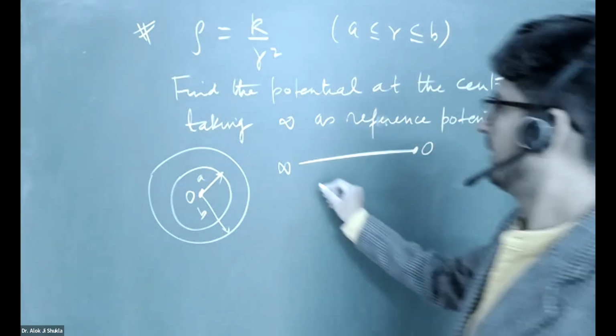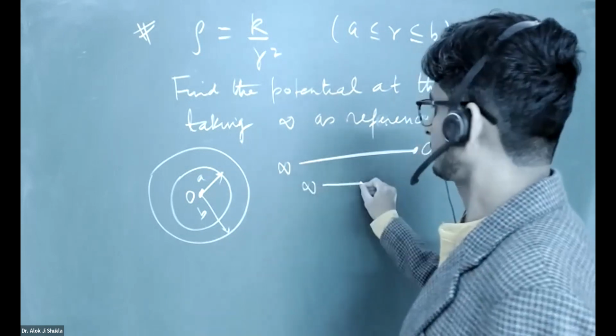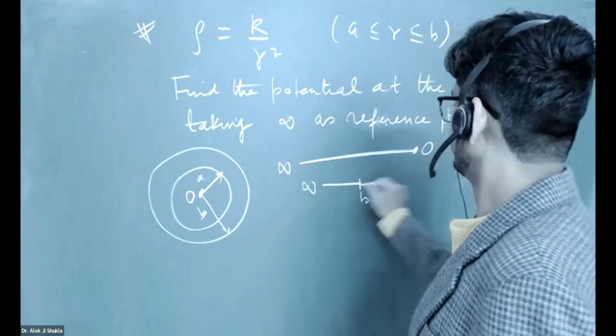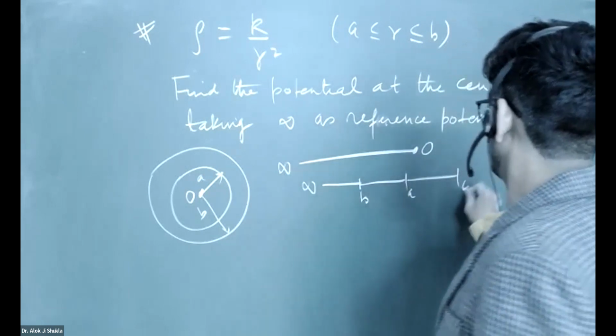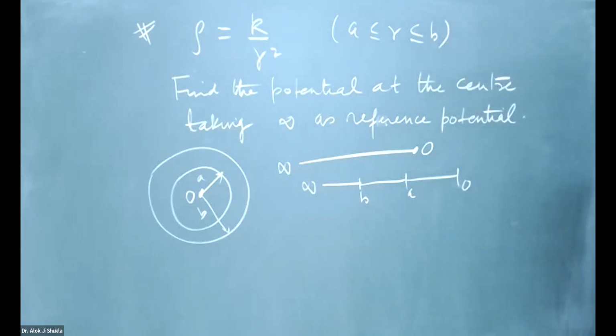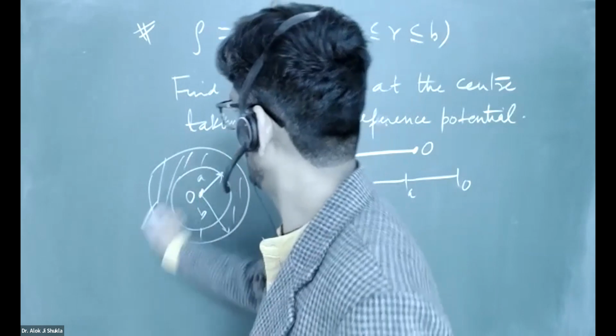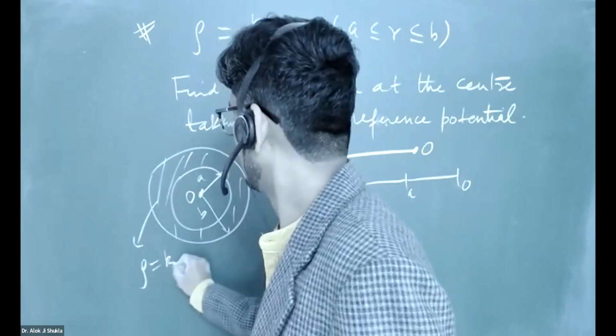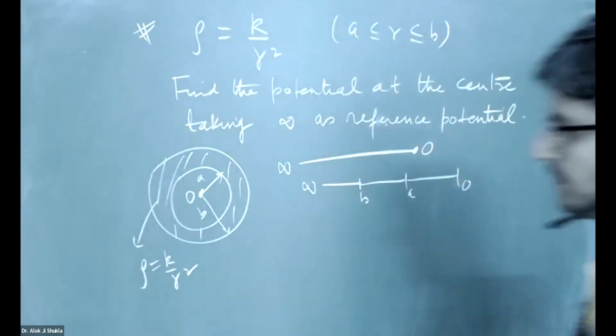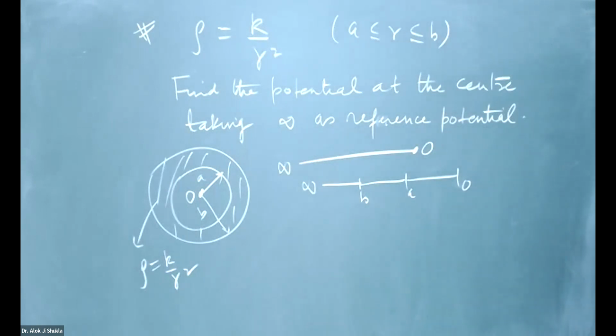So it will be broken down into infinity to B, B to A, and A to 0. And this is the region where you have charge density K by r square, correct? Is it okay?